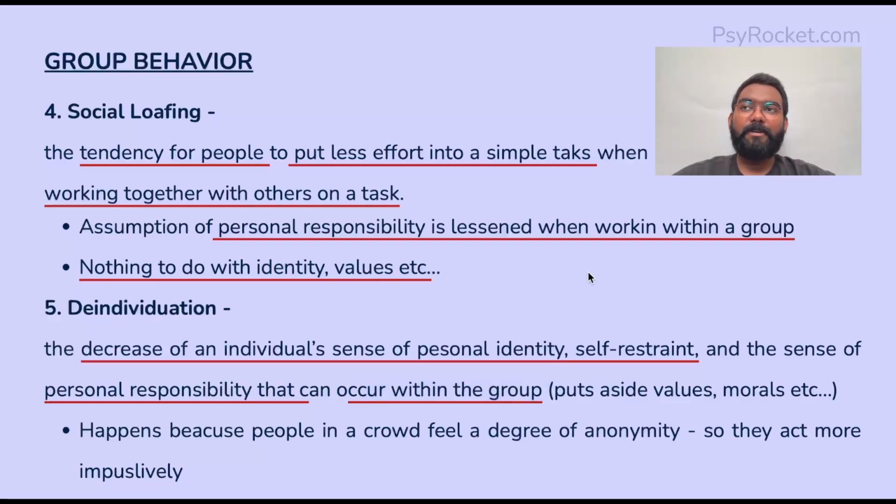Usually what happens is, for suppose, you will have some ethical values or moral values, right? But in a group, while doing any activity as a group which is against your moral and ethical values, there will be a tendency to put those moral and ethical values aside. That is nothing but called de-individuation. It happens because people in a crowd feel a degree of anonymity, so they act more impulsively.